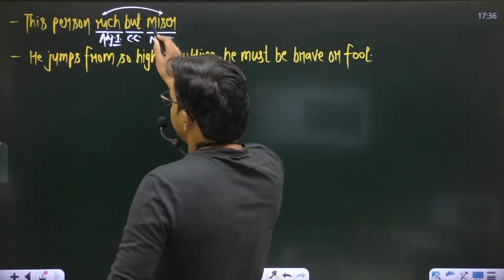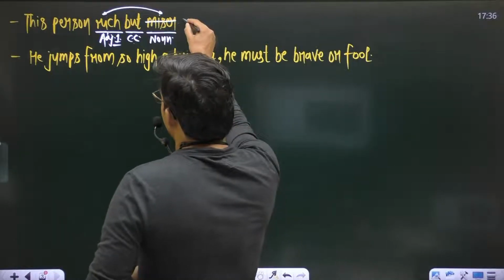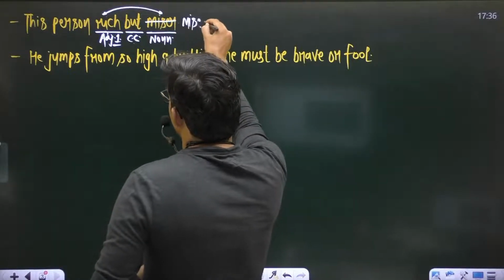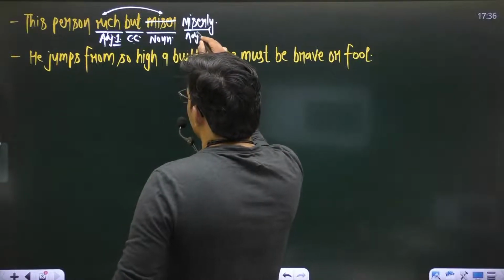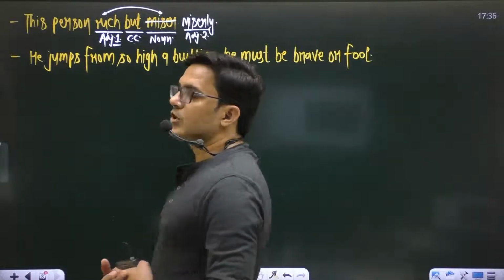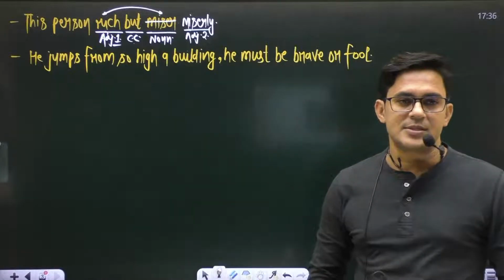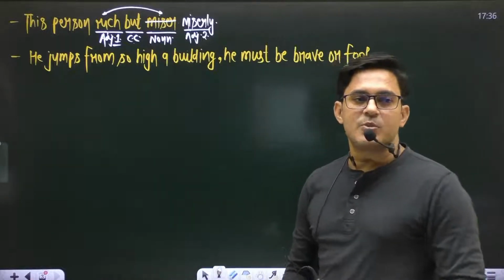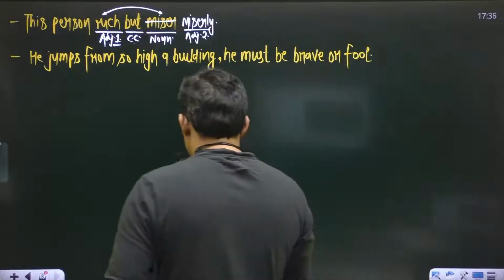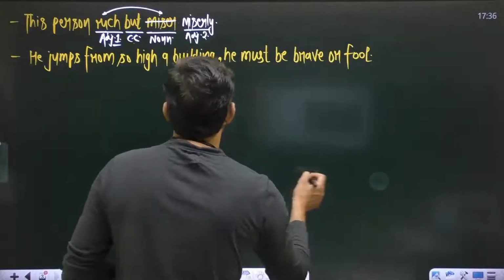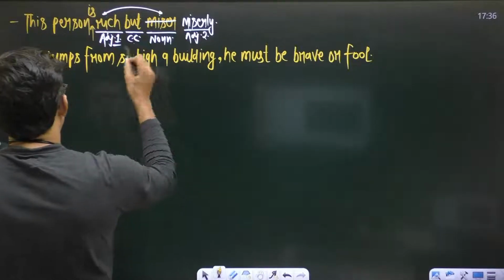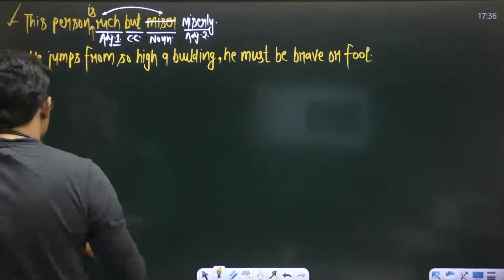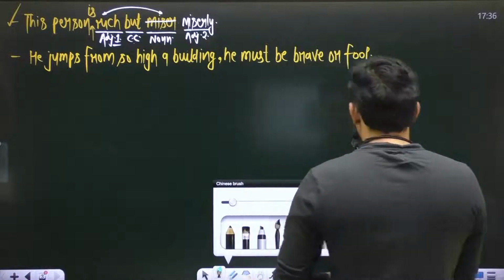So we use an adjective, and this adjective will be miserly. Miserly will be used because we need an adjective to connect same or equal ranks. So the sentence will be: this person is rich but miserly. Now the sentence is okay. Let us move to the next sentence.